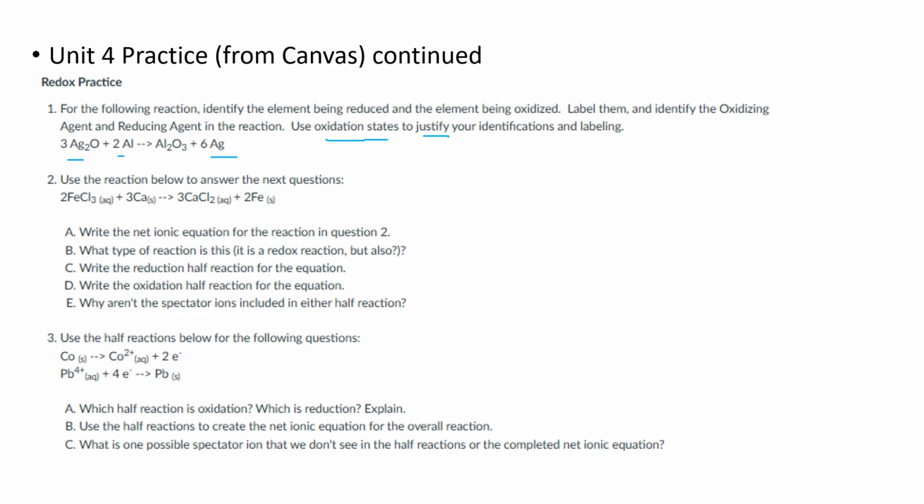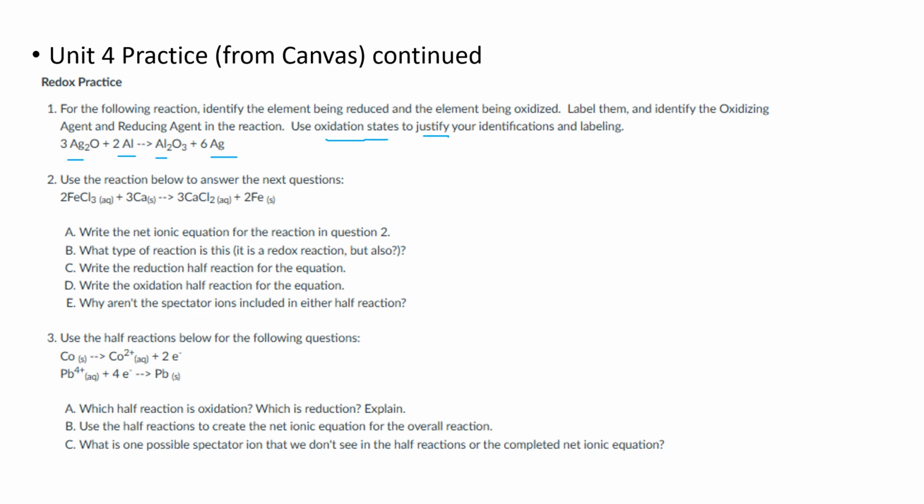Automatically, our other metal is going to be the opposite in this case because oxide is going to stay -2. Aluminum is going from a 0 to a +3, which means it is being oxidized and it is the reducing agent. Again, when justifying using oxidation states, you're just going to write their oxidation states, and that can be used to give you your justification.